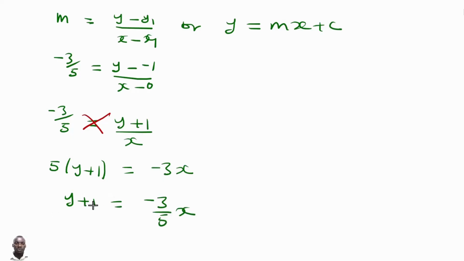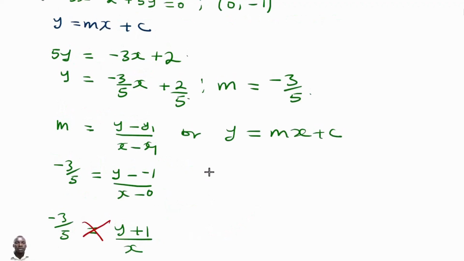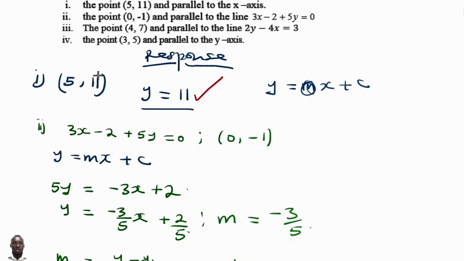We need to take this 1 to the right hand side so that we have y equal to -3/5 x minus 1. Therefore, this becomes our equation for that part, which is Roman numeral 1. So you can try out the remaining Roman numerals, which are Roman numeral 2, 3, and then Roman numeral 4.